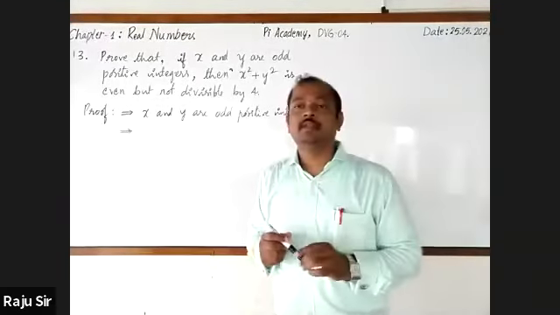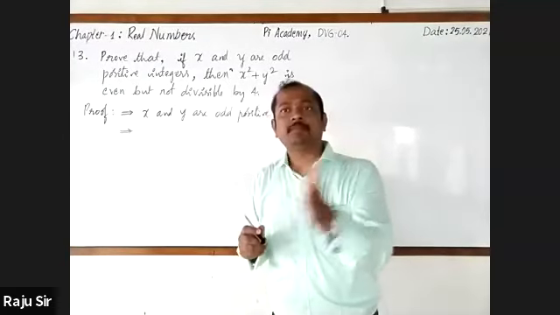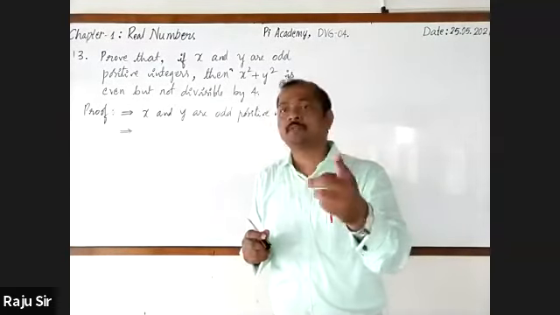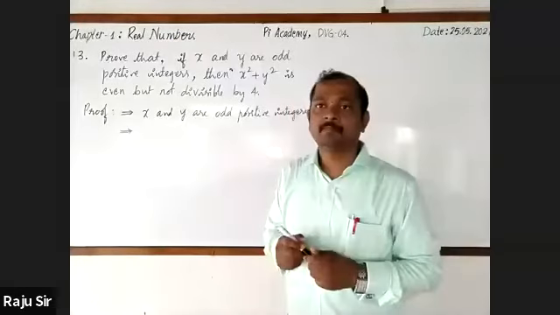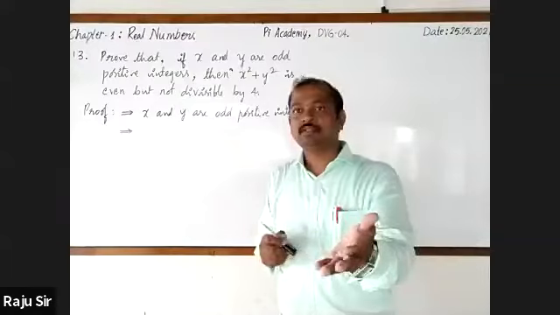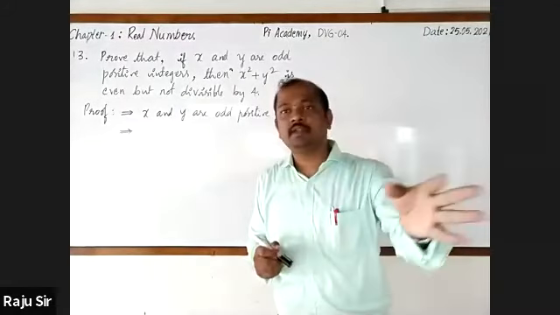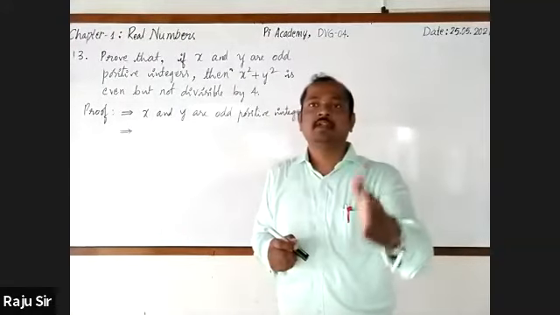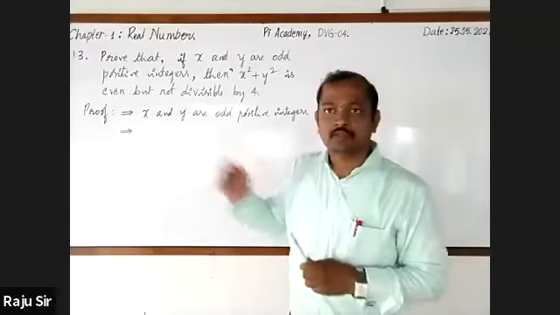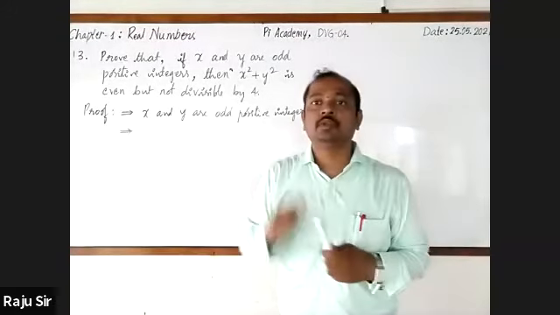But in general, we know that any odd positive integer can be expressed in which form? 2q plus 1, right? If it is even, generally we write 2q. If it is odd, 2q plus 1. So let us use that known knowledge.